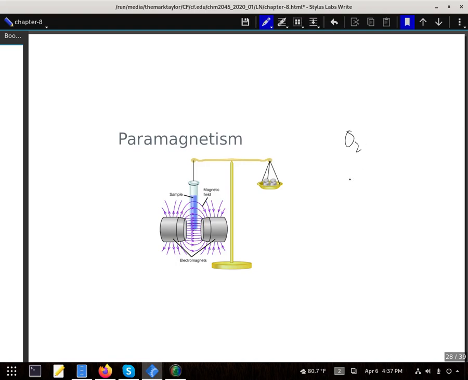Now that's kind of weird because if we look at the Lewis structure of O2, we would predict a sigma orbital with 2 electrons in it and a pi orbital with 2 electrons in it. Now, typically, things that have fully paired up electrons do not have any paramagnetic properties.